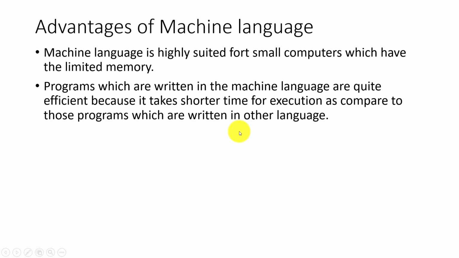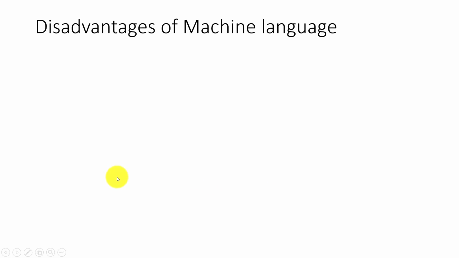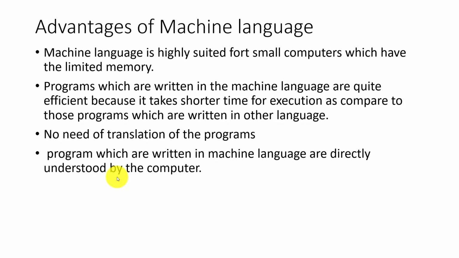We don't have to write in another language; we directly write in the 0 1 binary form, that is the object code. There is no need for translation of the program, because the computer directly reads and understands the binary code. The next advantage is that programs written in machine language are directly understood by the computer. These are all the advantages of machine language.